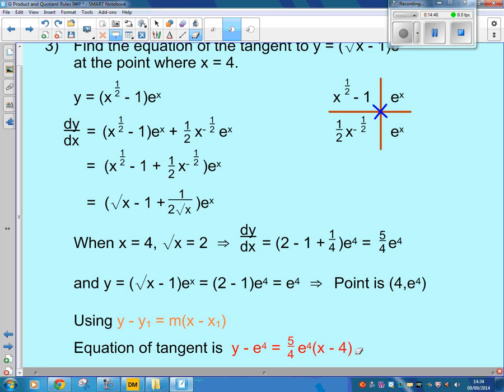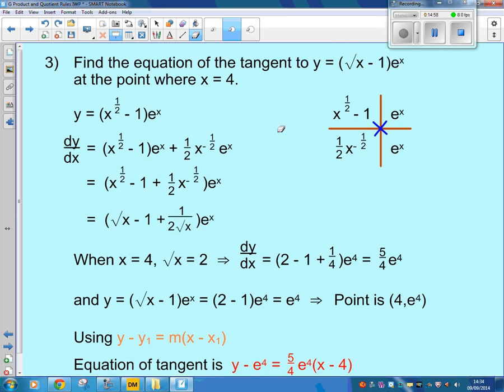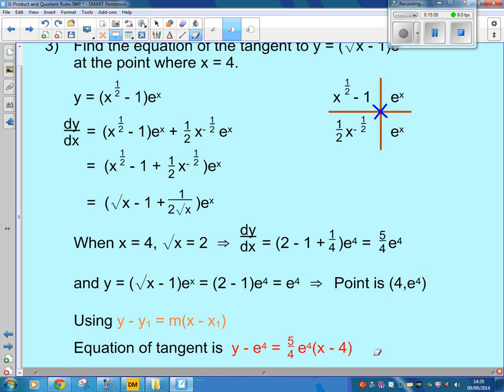Might look a little bit tricky, but basically it's just slot in the numbers that you've got. It doesn't actually ask you to put it in any form, so you don't need to expand this. If you wanted to, you could, but you don't need to. Okay, so good luck with your review sheet.